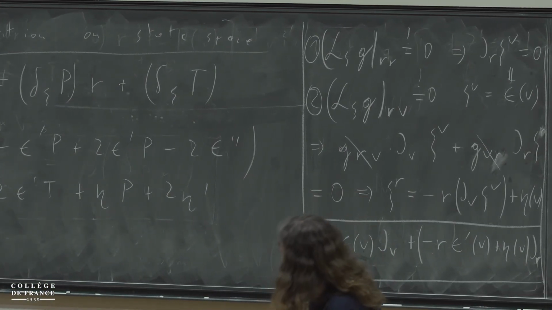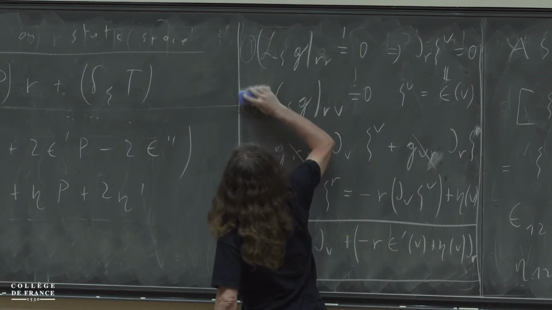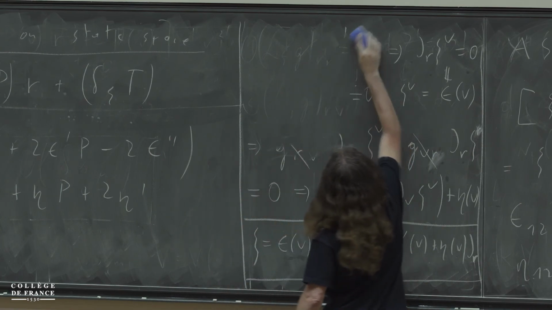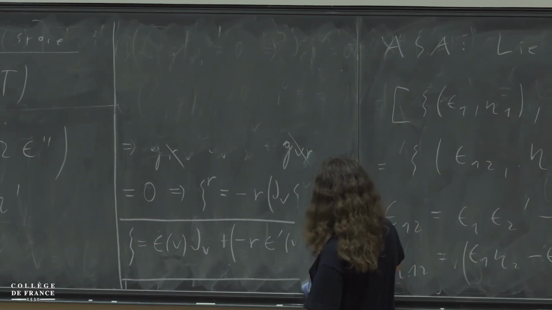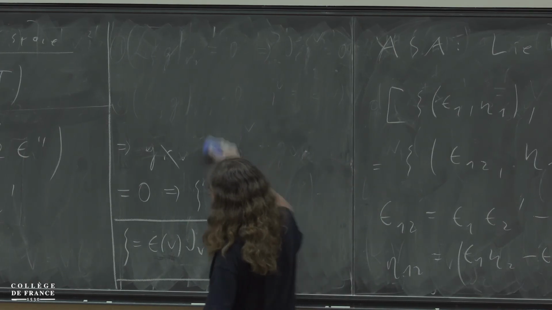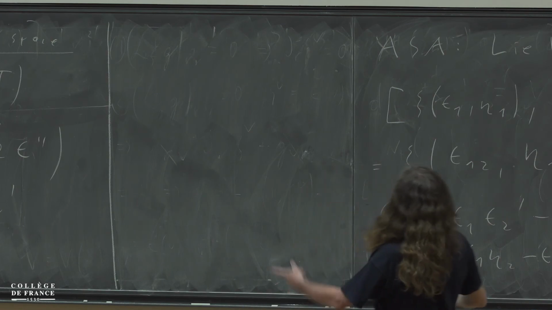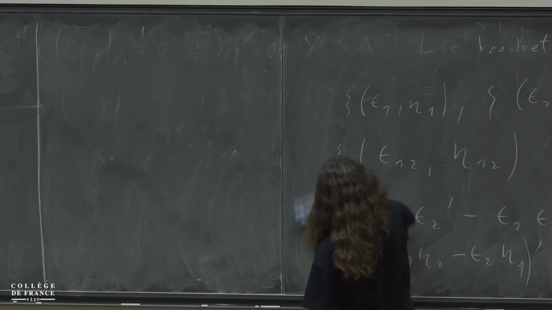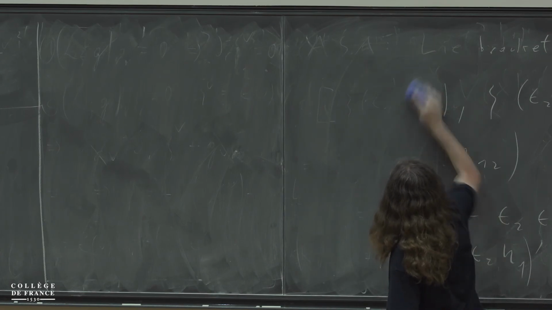So this I obtained just by evaluating the asymptotic Killing equation for the VV component and then collecting all terms linear in R and all terms constant in R. So that means we can actually just deduce the transformation of the state-dependent functions P and T.